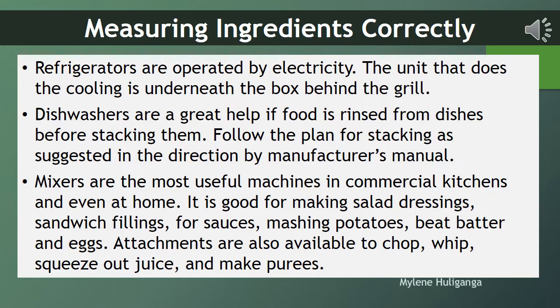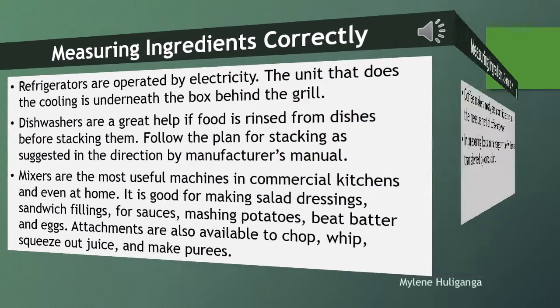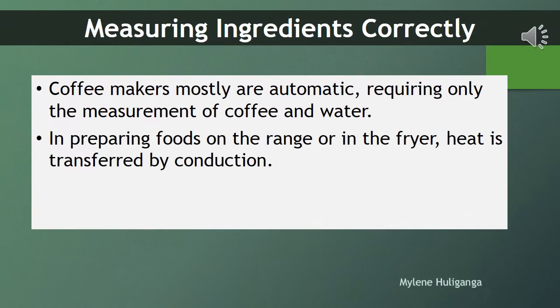It is good for making salad dressings, sandwich fillings, for sauces, mashing potatoes, beat butter, and eggs. Attachments are also available to chop, whip, squeeze out juice, and make purees. Coffee makers mostly are automatic, requiring only the measurement of coffee and water. In preparing foods on the range or in the fryer, heat is transferred by conduction.